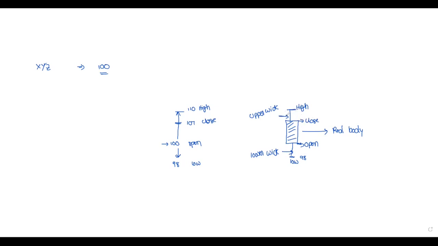So in this candlestick, this is called the upper wick, this is called the lower wick. The gap between open and close is called the real body.